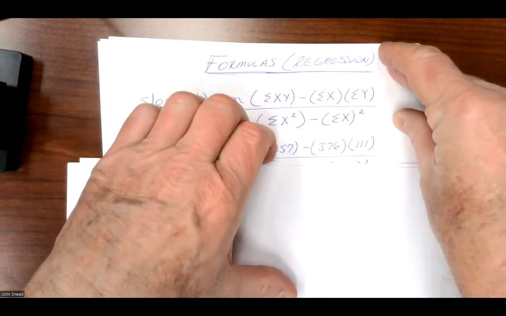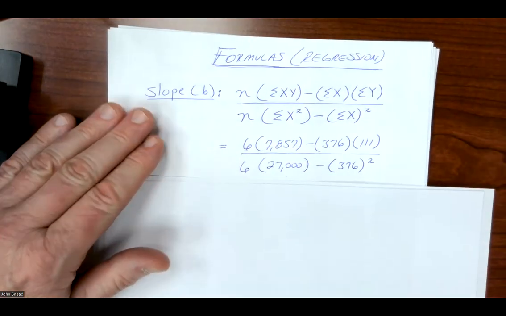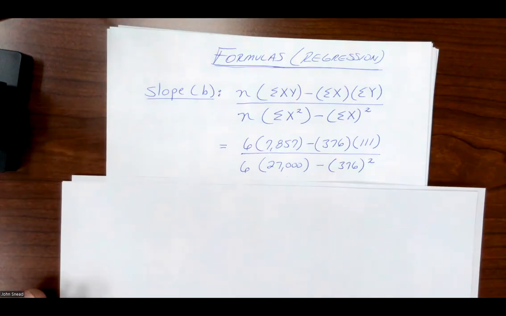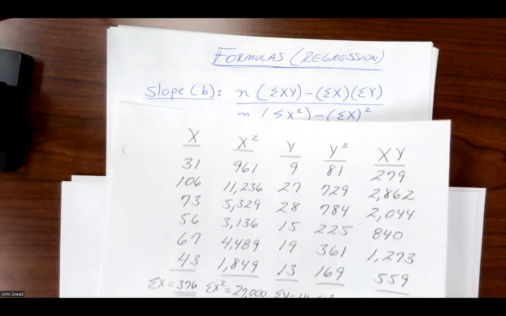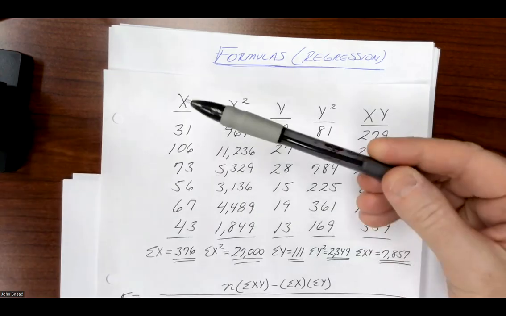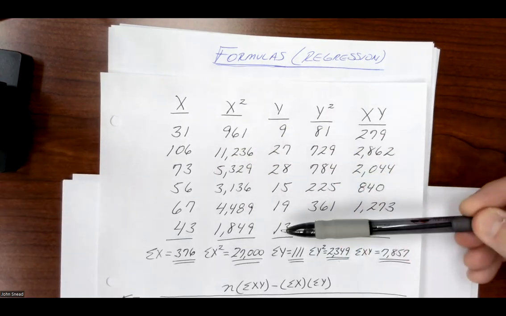And I went ahead and included the data that I used in the previous video, where we had the 6 data points. Hang on a second, let me grab those. Okay, recall that we were looking at the relationship between the number of showings and the number of homes sold.